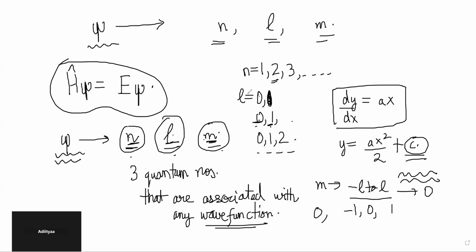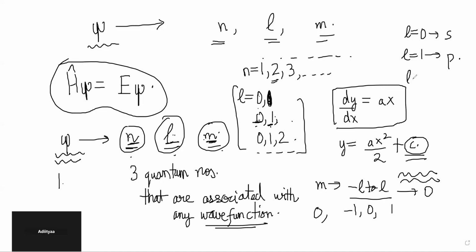So people have figured out these patterns in these numbers and they have started giving them names. So when n is 1, we will say it is the first shell, and L decides whether it is an S, P, D, which type of orbital, right? When L is 0, you call it an S orbital. When L is 1, you will get 2s and 2p here, right? P orbital. When L is 2, you will get a D orbital, right?